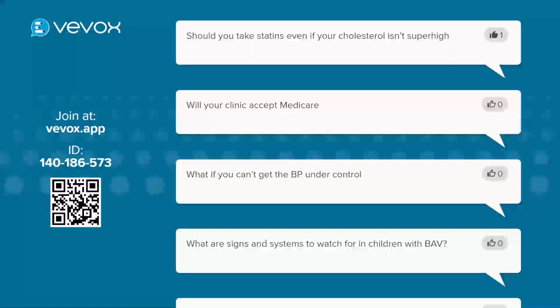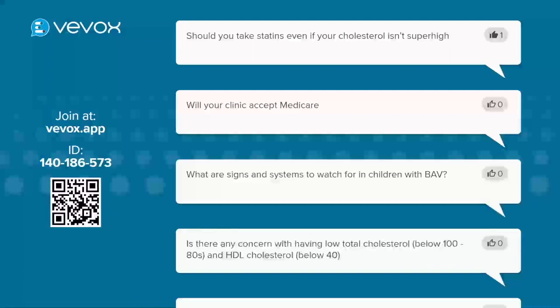Oh, should you take statins even if your cholesterol isn't super high? So for many people, the answer might be yes. If you have diabetes, you might need to take a statin. Your doctor might advise that even if your cholesterol isn't super high, because we know that diabetes is a risk factor for atherosclerosis, so heart attacks and strokes.